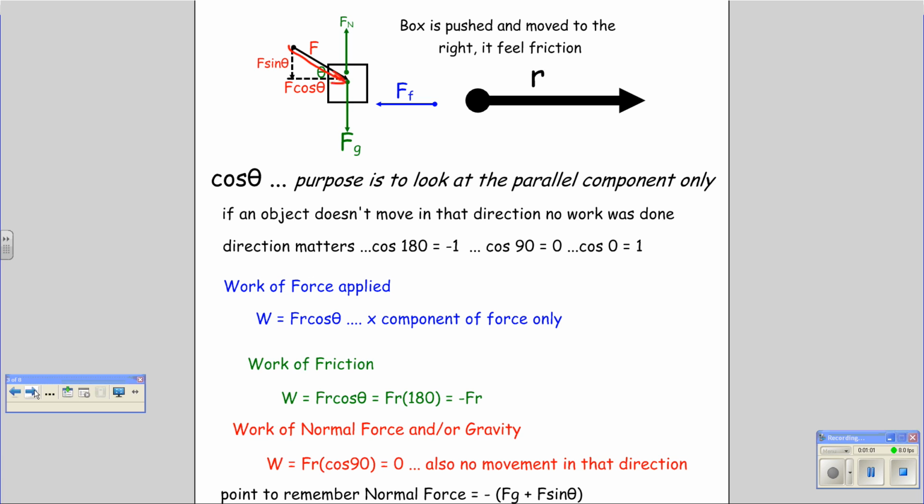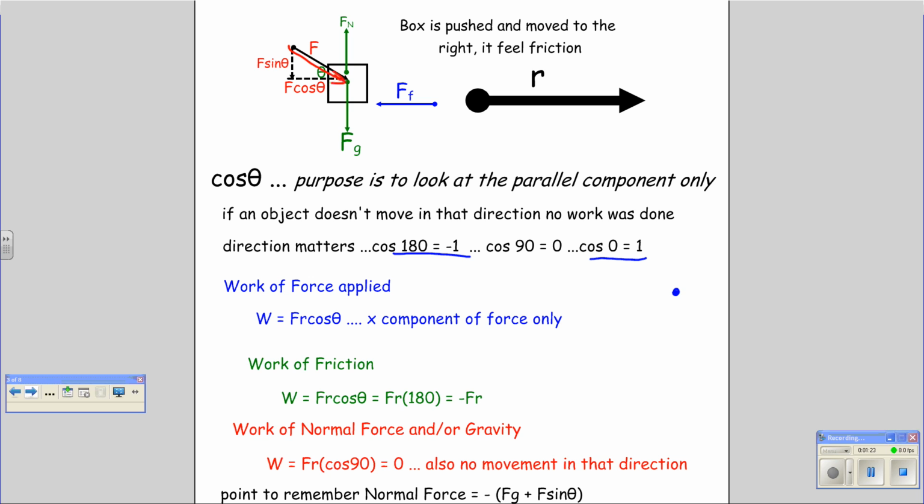Also, it's really helpful when you're dealing with positive and negative, whether work is supposed to be positive or negative. Because cosine of 0 is 1, while cosine of 180 is negative 1.